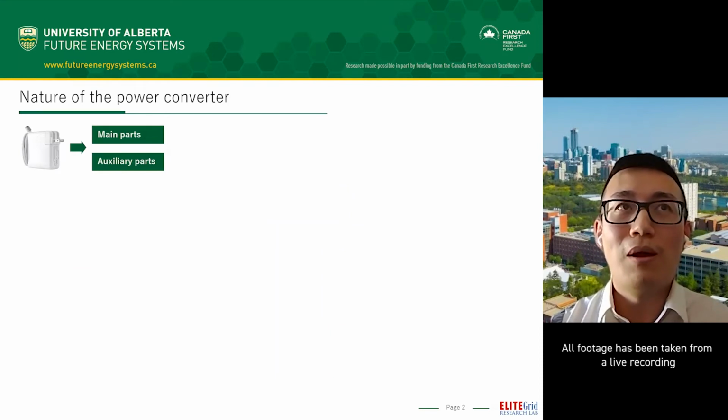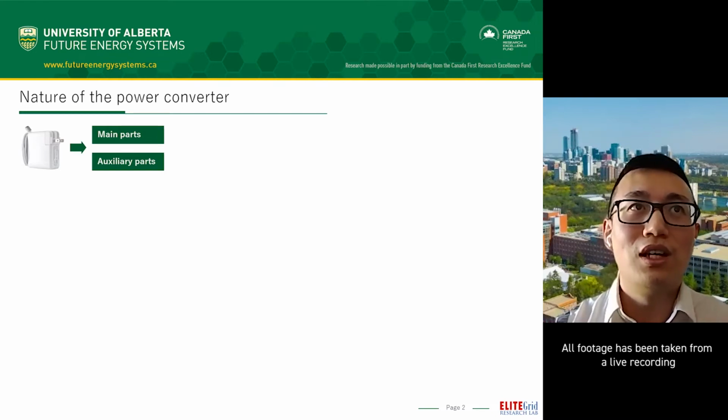It can be big or small, and we actually use such devices everywhere in daily life. One example we may be very familiar with is the power supply for our phone or our computer. We use it to transform high AC voltage into low DC voltage for computers or cell phones.